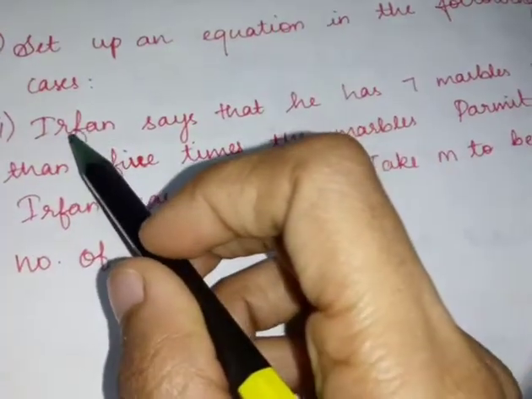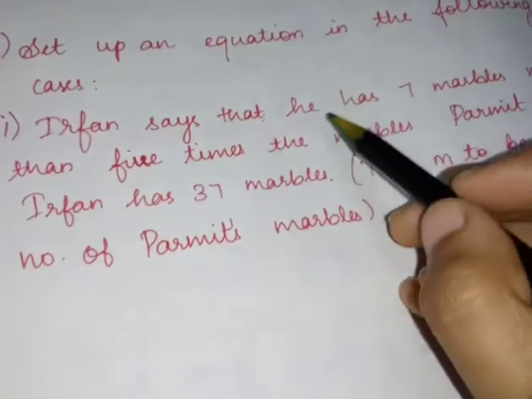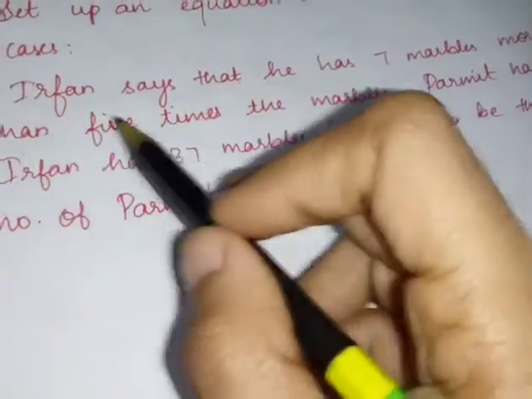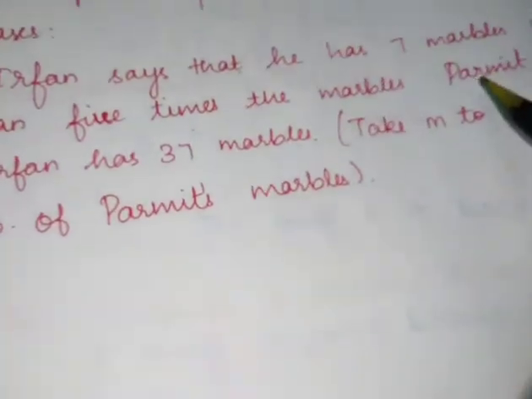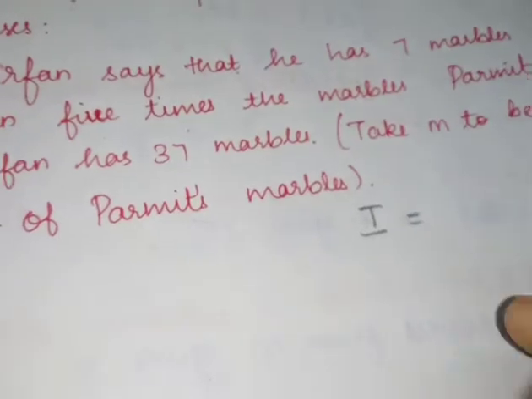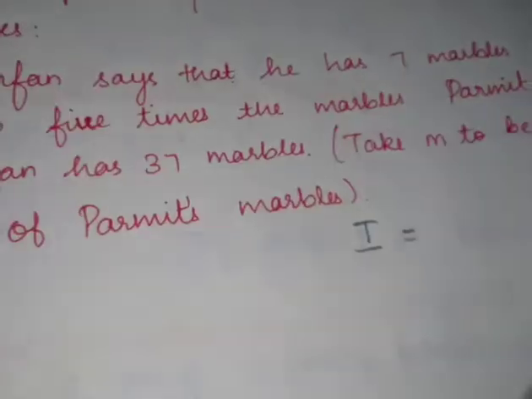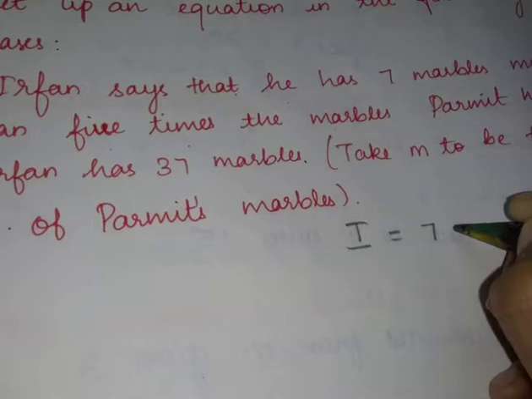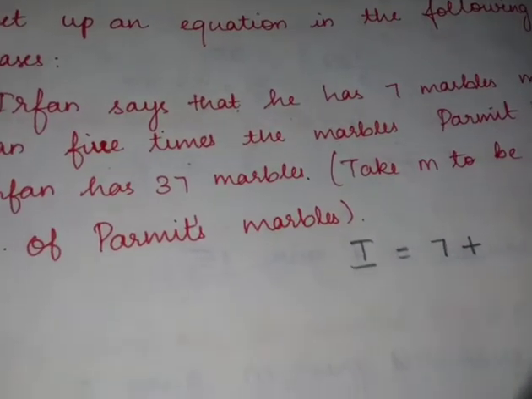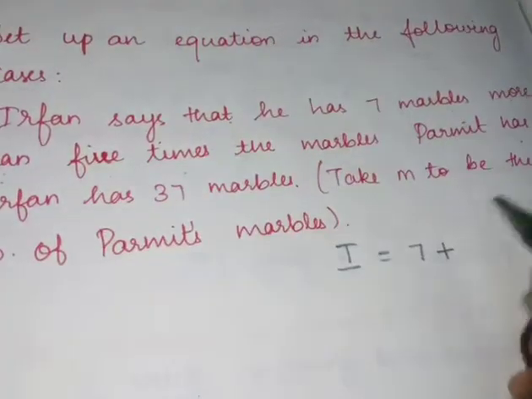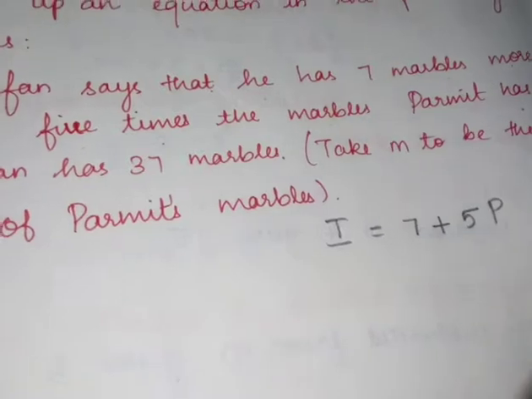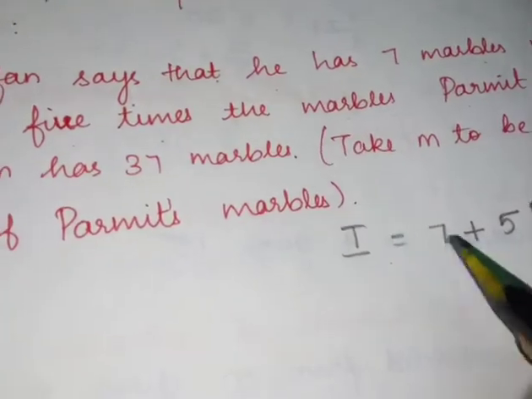First question. Irfan says that he has 7 marbles more than 5 times the marbles Parmit has. What is Irfan saying? He has 7 marbles more, that is plus, than 5 times the marbles Parmit has.